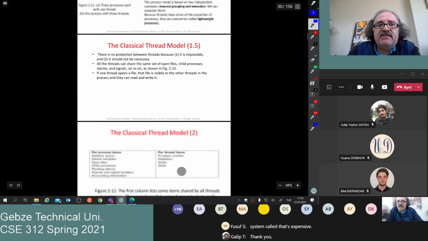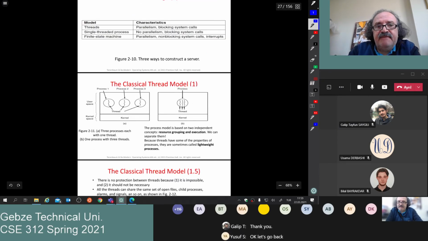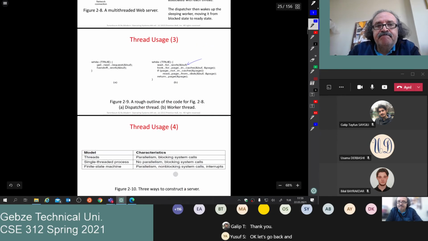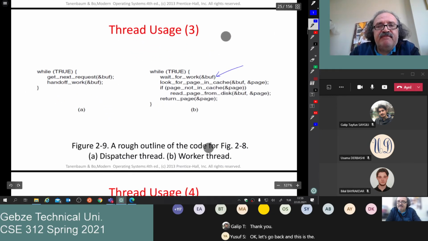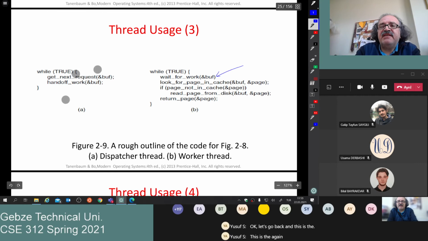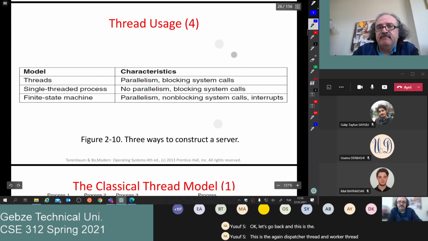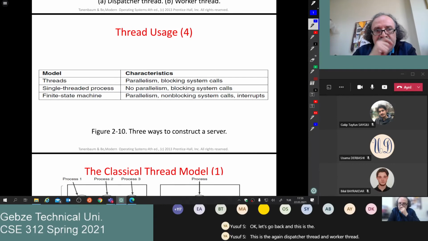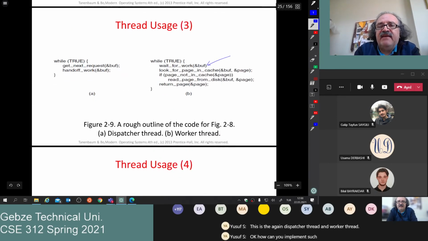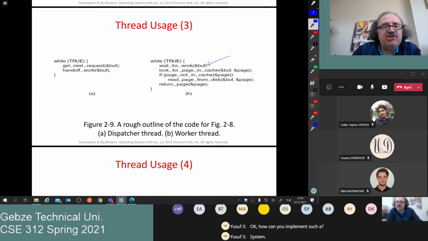Okay, thank you. Let's go back, and this is again the dispatcher thread and the worker thread. How can you implement such a system from scratch?